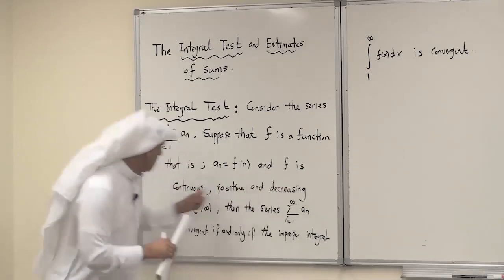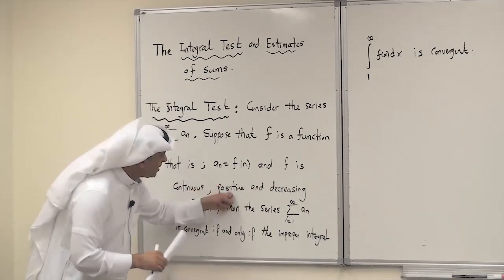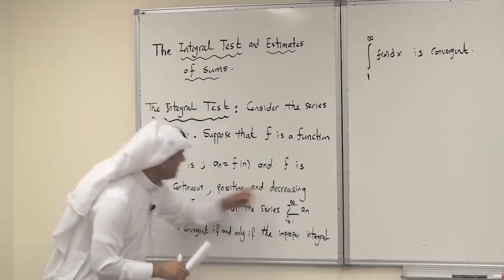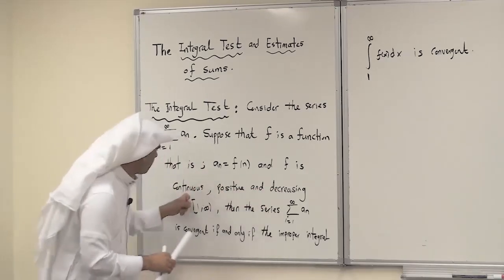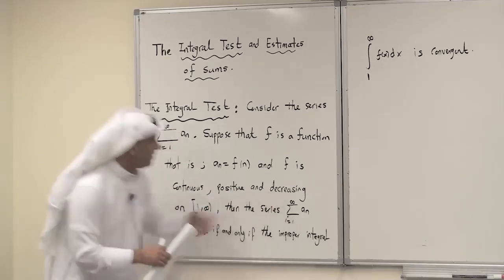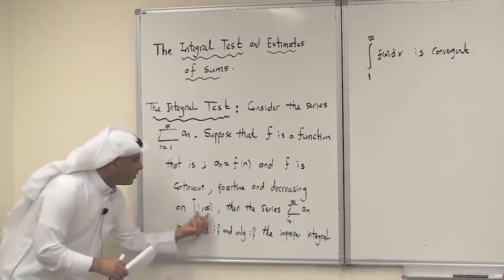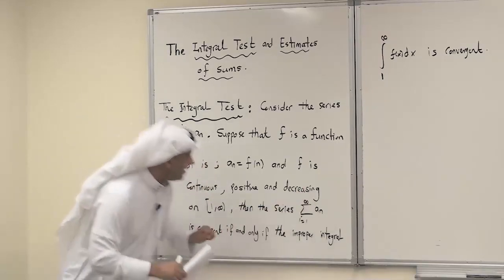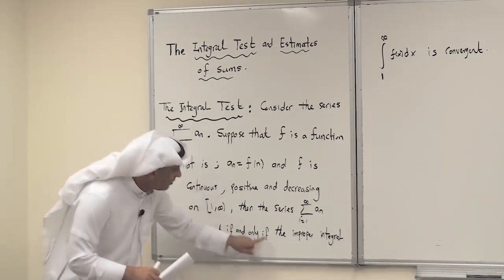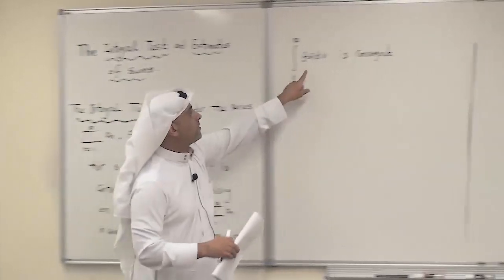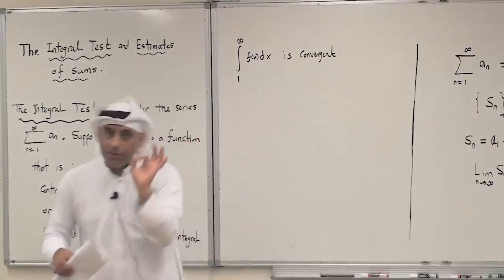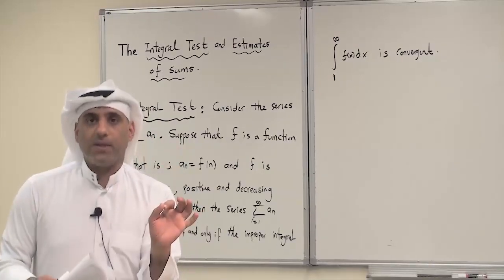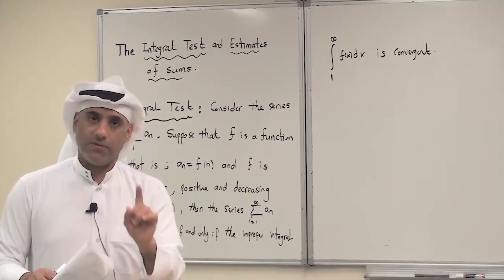We need this function to be continuous, positive, so we can apply it only if we have positive terms, and decreasing, on the interval 1 to infinity. Then we can say that the infinite series is convergent if and only if the improper integral is convergent. Meaning, if the improper integral is convergent, the series is convergent. If the improper integral is divergent, the series is divergent.